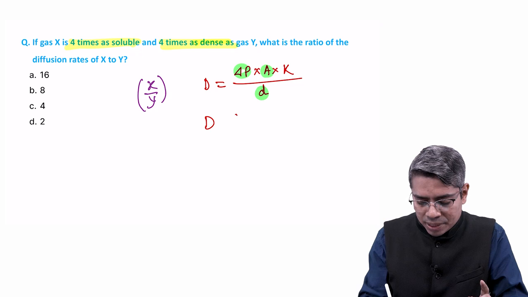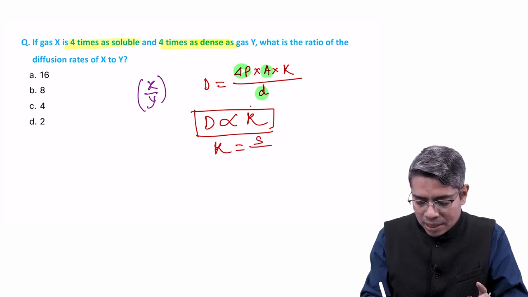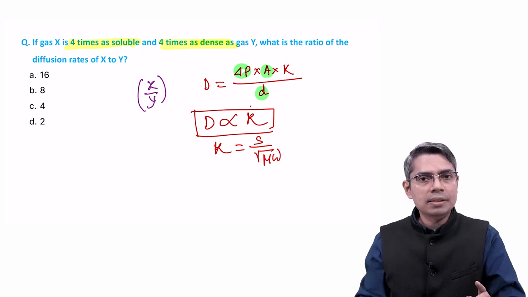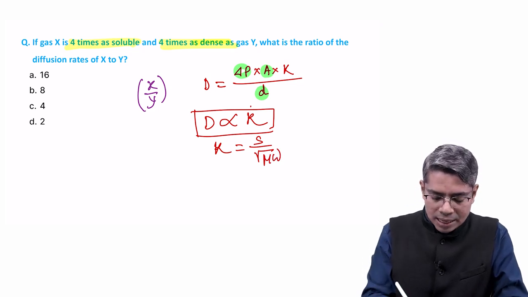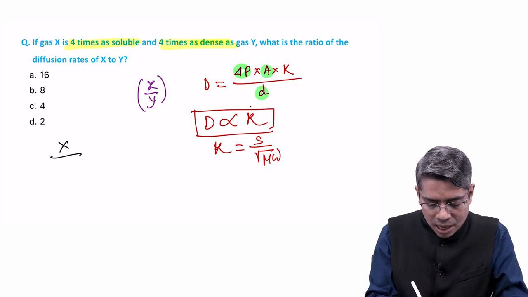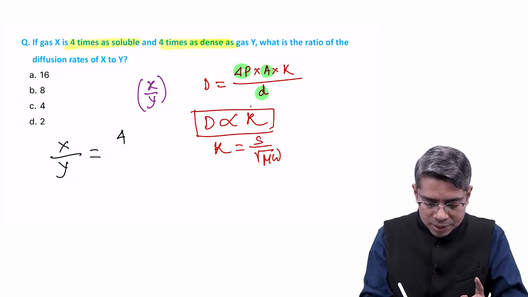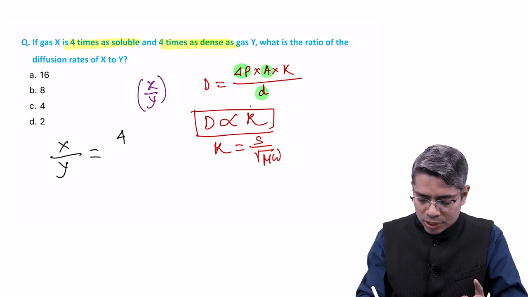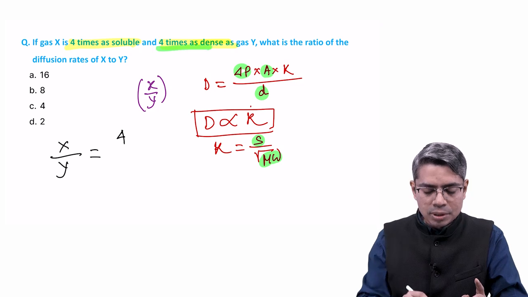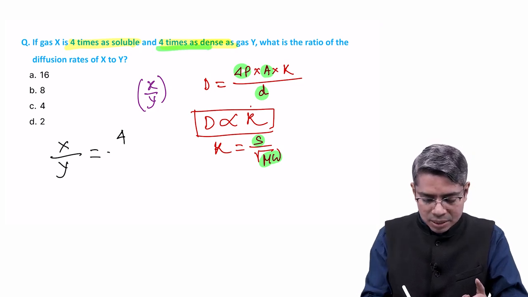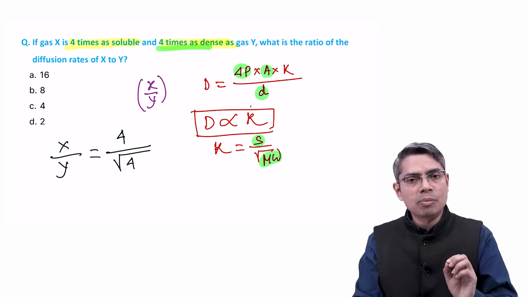So diffusion is directly proportional to K, that is the diffusion coefficient, and K is equal to S upon the square root of molecular weight. We have already learned this. So if I calculate X upon Y, gas X is 4 times more soluble than gas Y, so I am putting this S value and then I have to put the molecular weight. It is also told that it is 4 times denser than gas Y. So root over 4, that is the density or molecular weight.